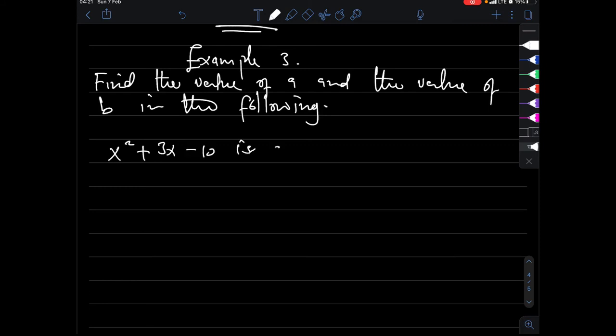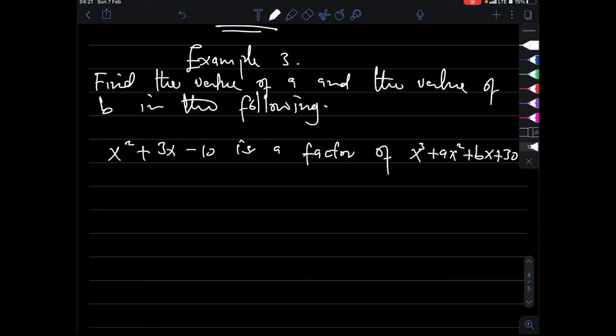The claim is that this is a factor of x cubed plus ax squared plus bx plus 30. So now we have a quadratic which is a factor of a cubic. The first thing you want to do is to take the quadratic and equate it to 0.